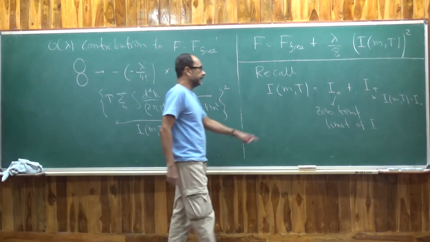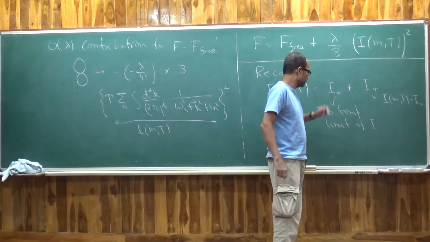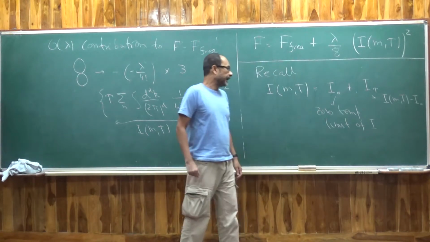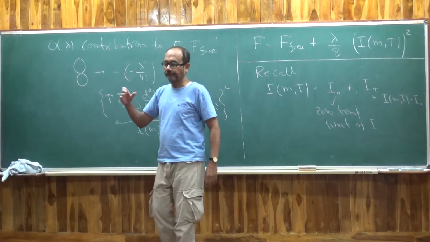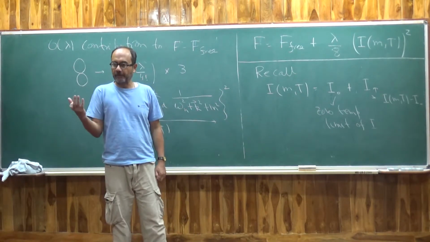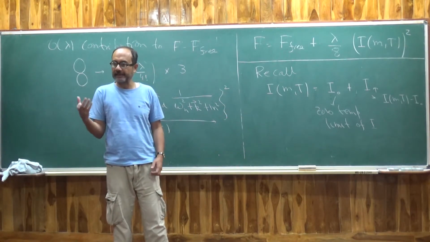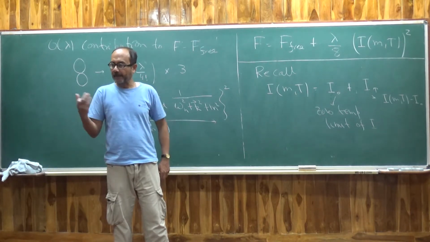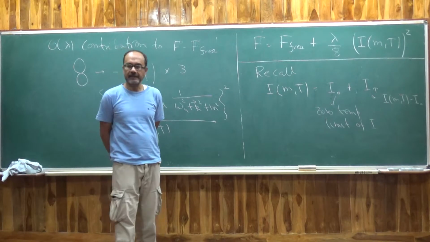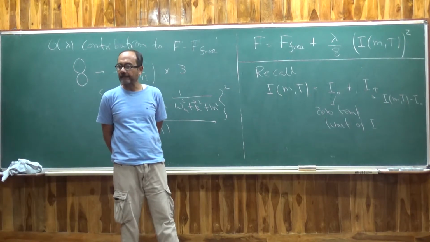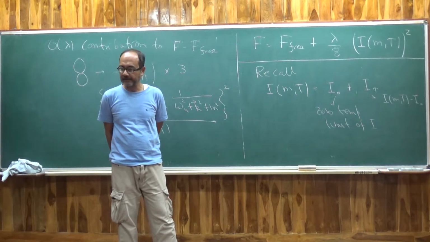Now we calculated this by identifying this as 1 over m del del m of the free energy at zero temperature, right? Because the reason that I appeared in the analysis last time was because I is 1 over m del del m of the free energy of the field theory. That's the reason why we dealt with I in the first place.